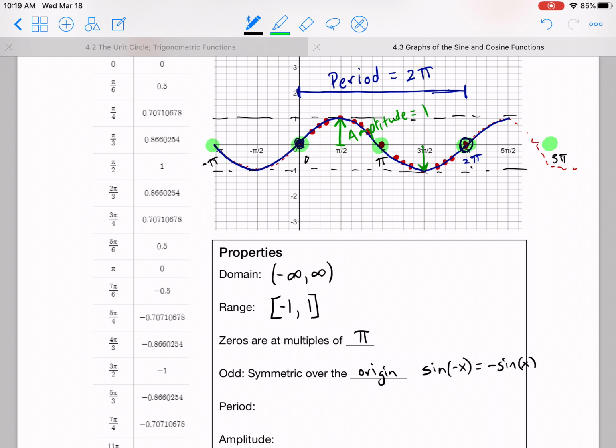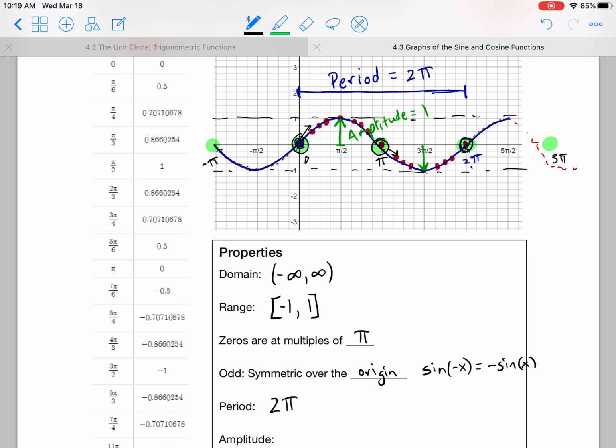It's an odd function. As I stated up above, the period is 2 pi. You're going to want to be able to identify that. So you're just basically looking until it repeats itself. Now be careful when you do this, because if we start looking here at the origin, notice the function is headed up. And you might be tempted to stop here when you get back to the origin again, but notice the function is headed down, so that's not a full cycle.